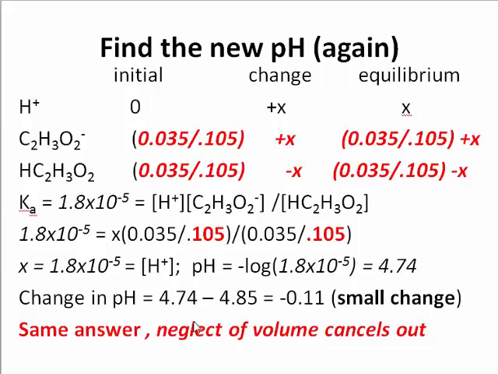So we don't have to worry about neglect of volume when we recalculate the pH after addition of acid to a buffer. Again, we find a pH of 4.74, a small change for this buffer.